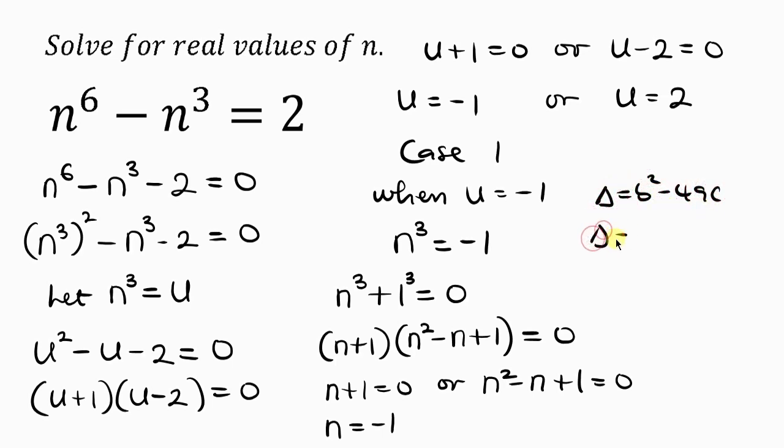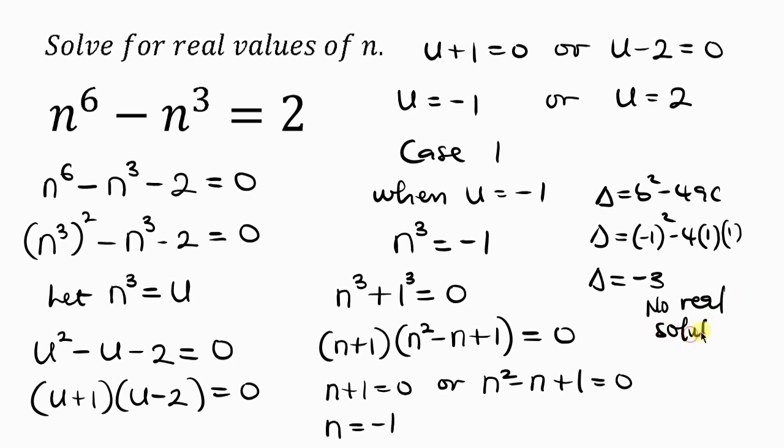So discriminant equal to b is negative 1, so that's negative 1 squared, minus 4a, a is 1, that's the coefficient, 1, and c is also 1. Now notice that this is 1 minus 4, which is negative 3. So this is negative. So there are no real solutions here. So no real solution. Let me write no real solution.